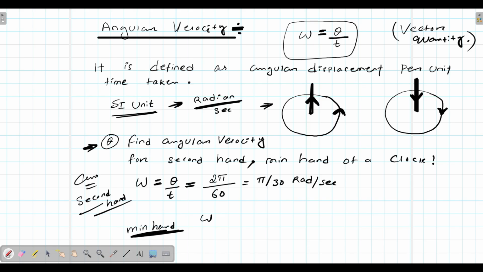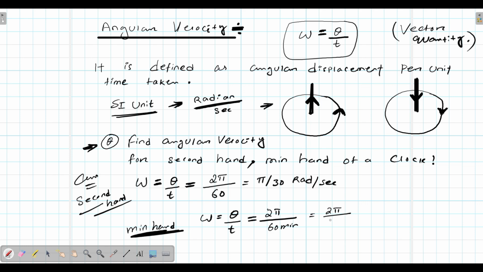Theta equals to 2 pi, for the minute hand, time is 60 minute, 1 hour. 2 pi divided by 60 into 60.